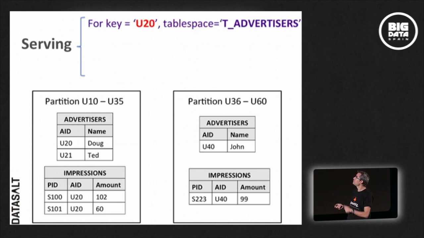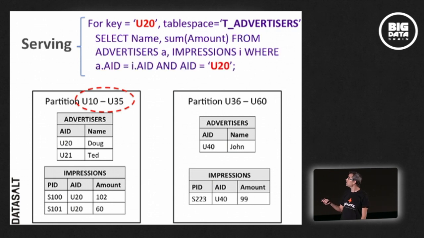So in this case, we want to ask about the advertiser U20. That's the reason we are providing the key U20, and we want to search in the table space T advertisers. Just by giving these two things, Splout SQL knows which partition it is. Okay. So now the only thing I have to provide is the SQL query.